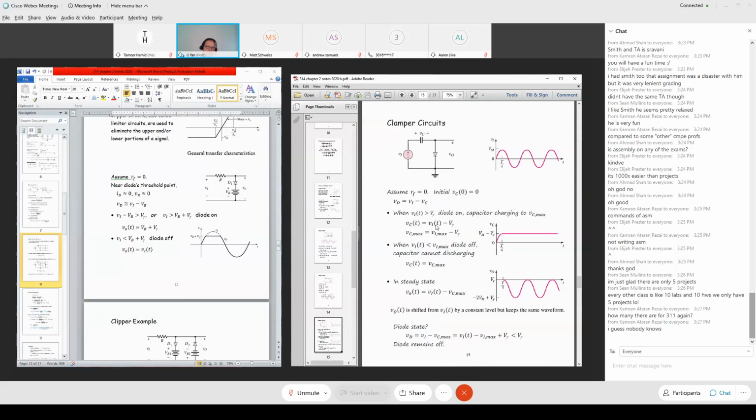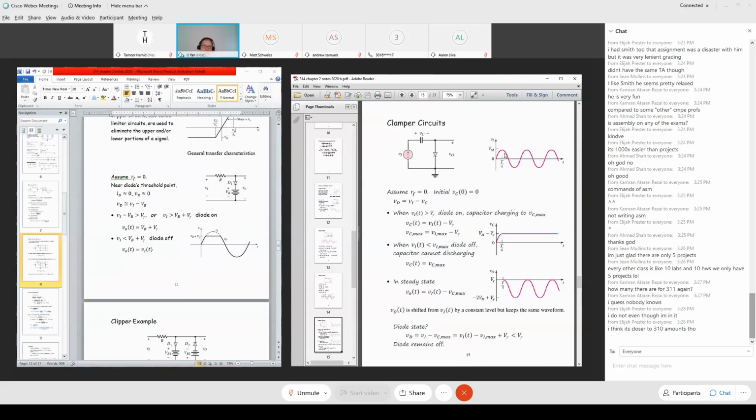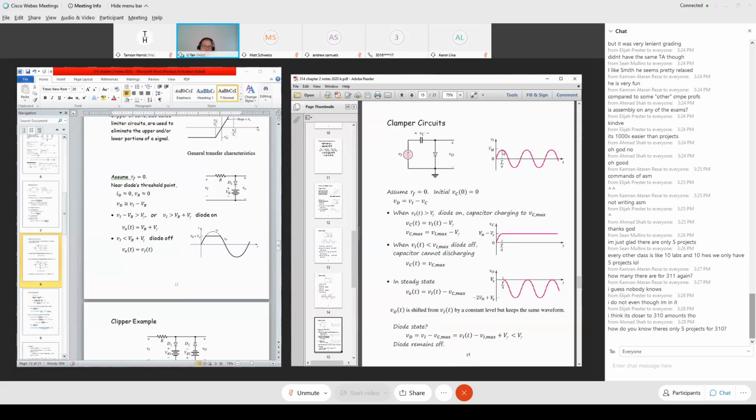When VI gets to the maximum, VC gets to the maximum. This graph shows the capacitor voltage charging from 0 to its peak. But once the input reaches the peak, it starts to roll off, lower. Once it comes across the top and becomes smaller, the diode becomes off.